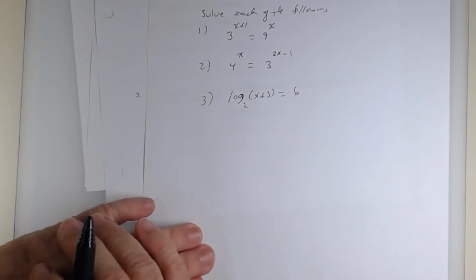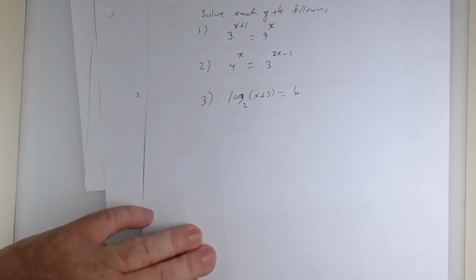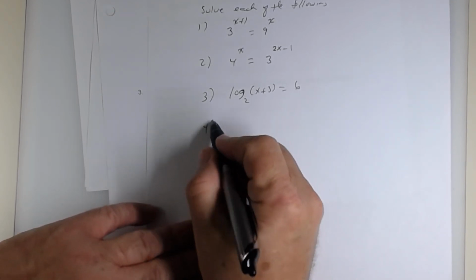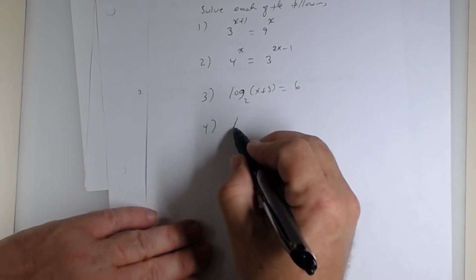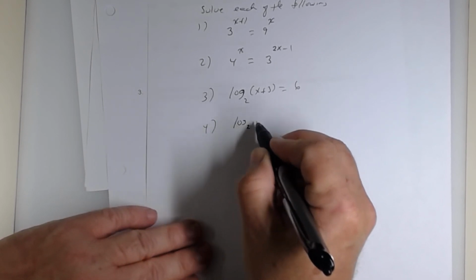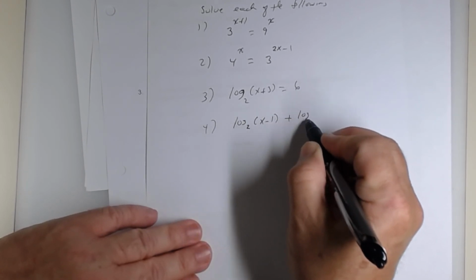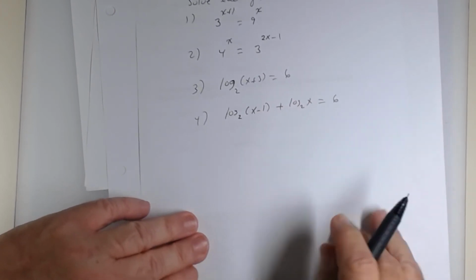You'll be able to solve that log equation. Equation because of the equal sign, log equation because you see the word log. Then you'll be able to solve something like this, and I'm making these things up: log base 2 of x minus 1 plus log base 2 of x equal 6.